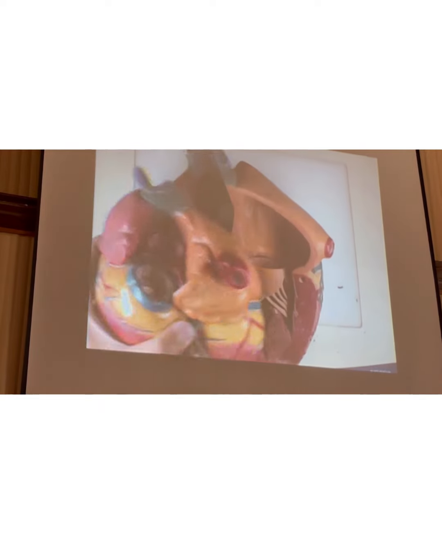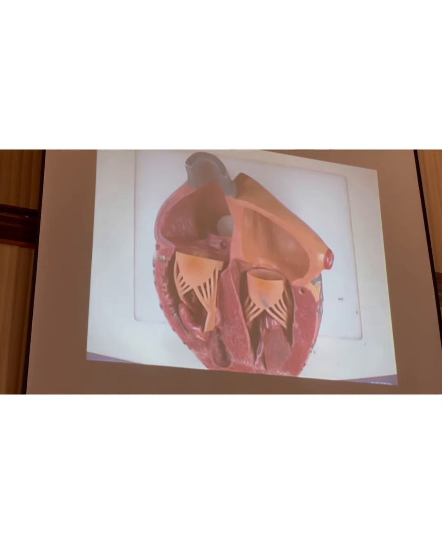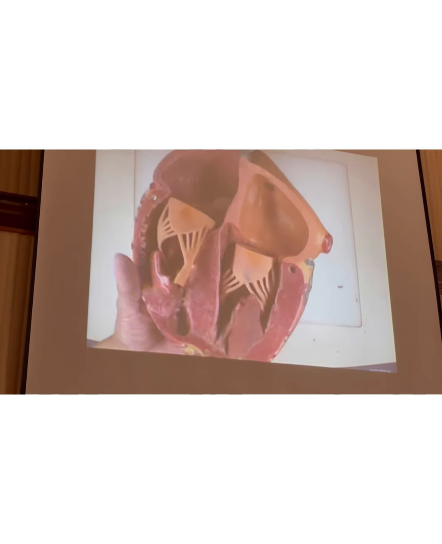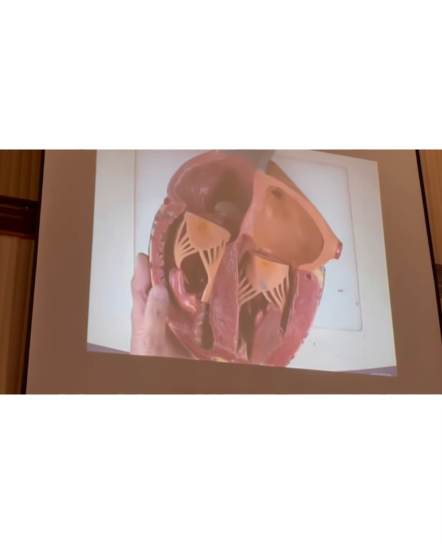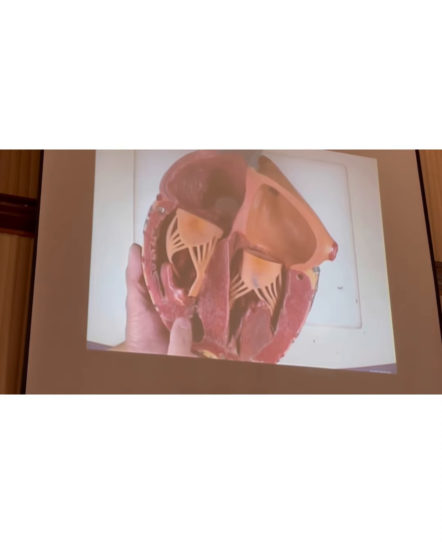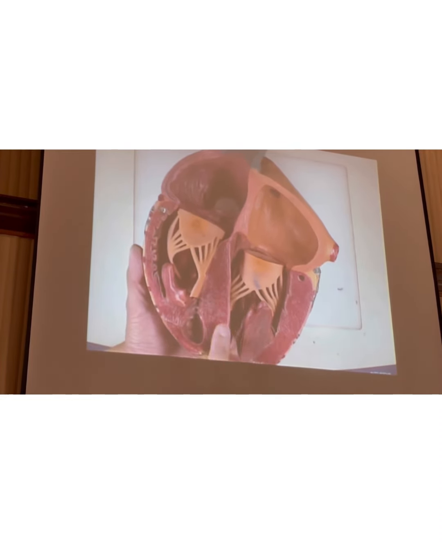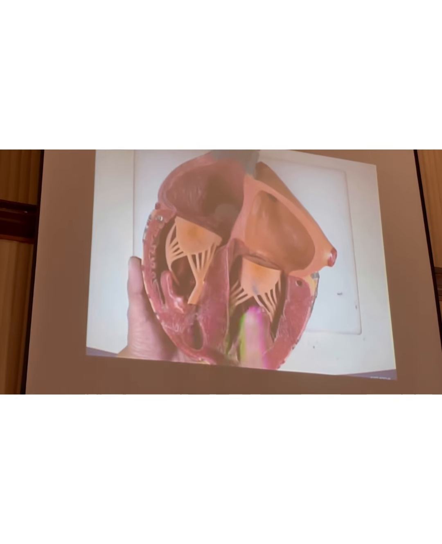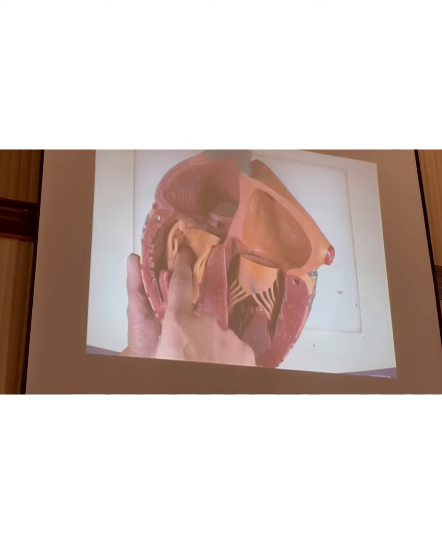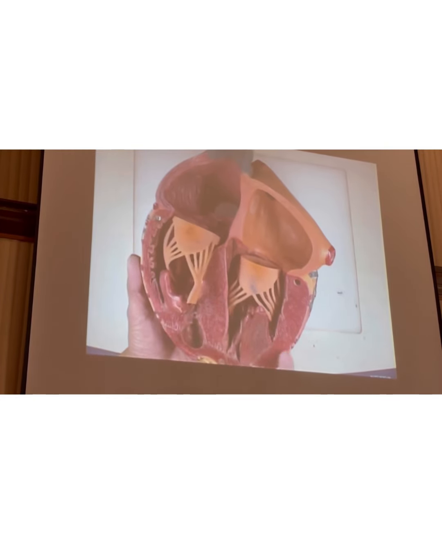This is regarding the right ventricle. The left ventricle, you can see here, is 3 times thicker than the right ventricle. Okay? And we said that the pressure inside the left ventricle is 6 times higher than the pressure inside the right ventricle.